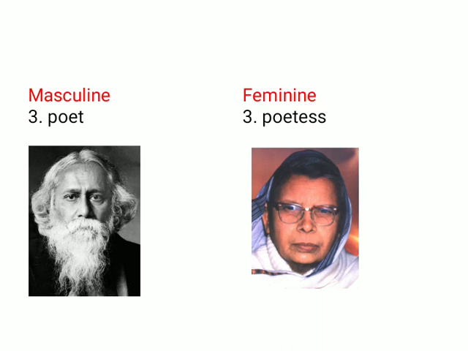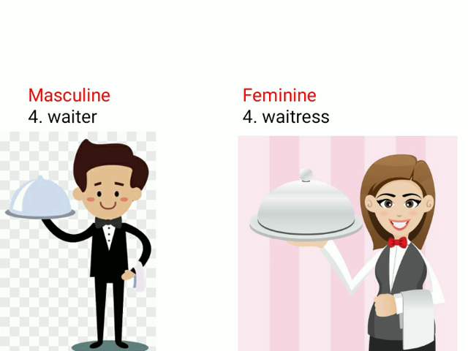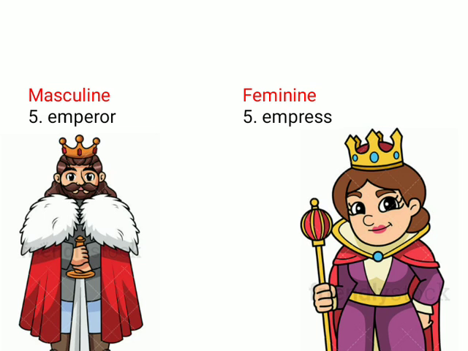What is the feminine gender for the poet is poetess. Next, waiter. Waiter is the masculine gender. What is the feminine gender for the waiter is waitress. Next, emperor. The feminine gender is empress.